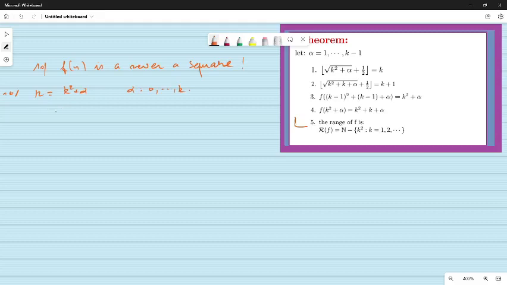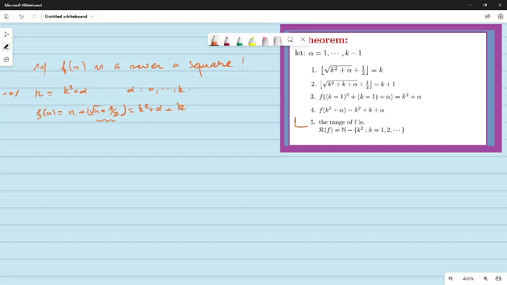And in this case, we have f of n equals n plus the square root of n plus 1/2, and it is equal to k square plus alpha. And we have seen this before.